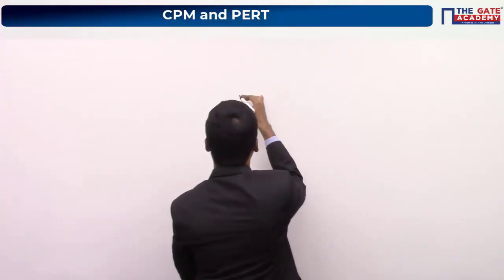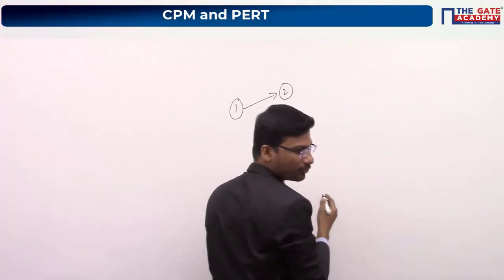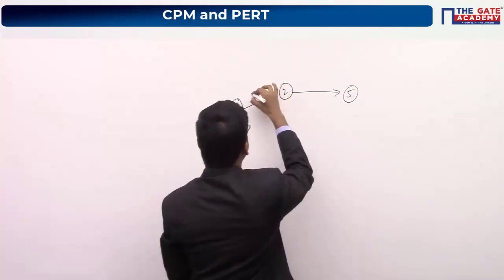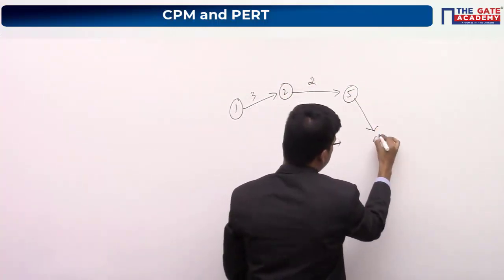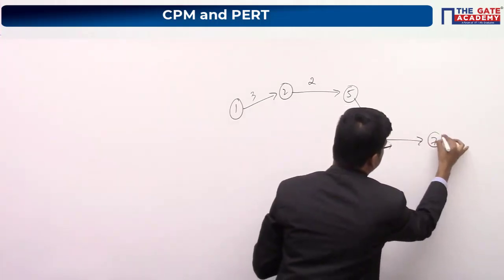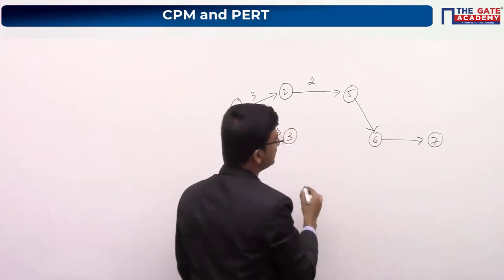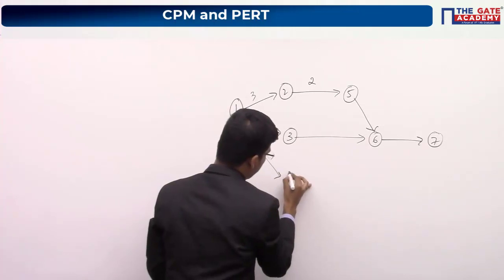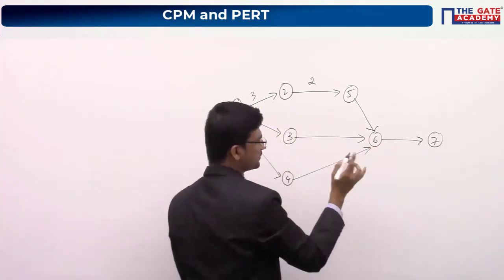Okay. Fine. The network diagram is already given in the question, so for the people who have not solved it, I am solving this. You can have a look at the board. 1 to 2 and then 2 to 5. This is 3, 2 and 5 to 6, 6 to 7, 1 to 3 and then 3 to 6, 1 to 4, 4 to 6 and then 6 to 7, right?